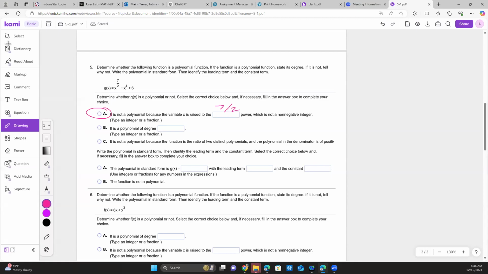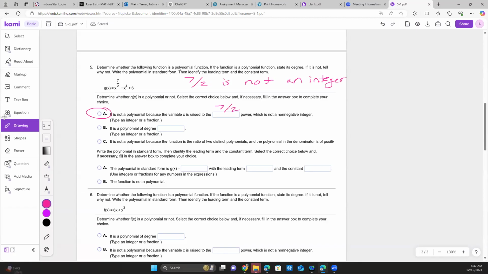So what happens is when you have a polynomial function, you cannot have a fractional power like this. Your powers have to be non-negative integers. 7 over 2 in this problem is a fraction, not an integer. This is the problem.